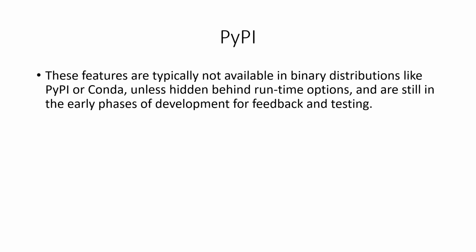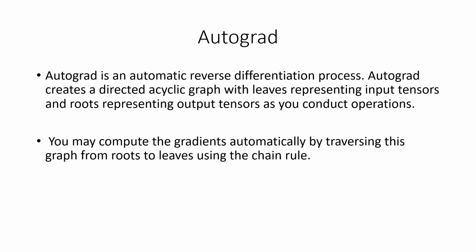Next we are going to move to the last slide of the PPT, which is autograd. PyTorch autograd is PyTorch's automatic differentiation engine that powers neural network training.